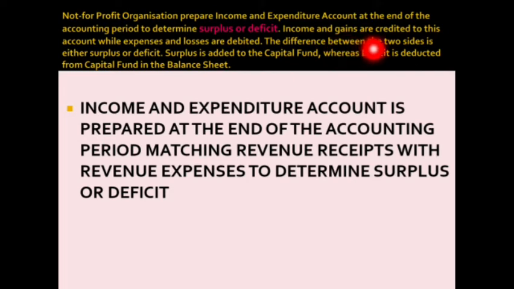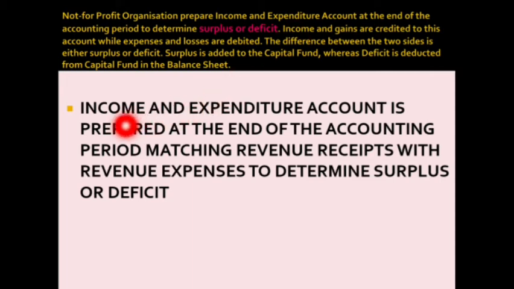The difference between the two sides is either surplus or deficit. If it is surplus, it will be added to the capital fund, whereas deficit is deducted from the capital fund in the balance sheet. So this was a small outlook about the income and expenditure account.